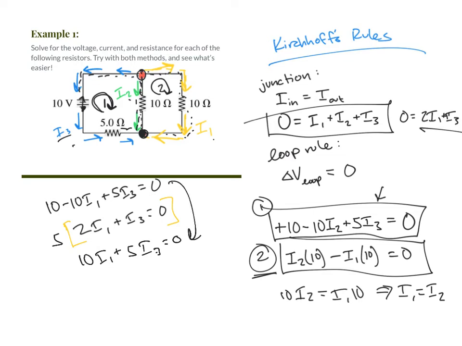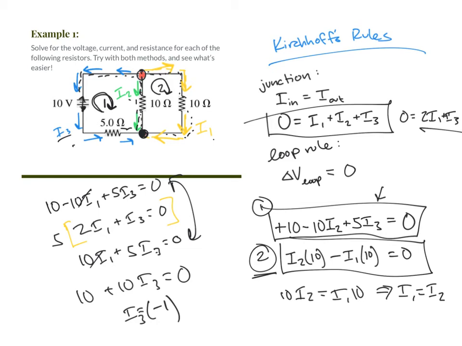Combine it with that equation, and you get 10, these two will cancel, plus 10I3 equals 0. And for I3, you get -1. That -1 simply means that we chose I3 going in the wrong direction. I3 should be going opposite of the blue arrows, but we still know the current.